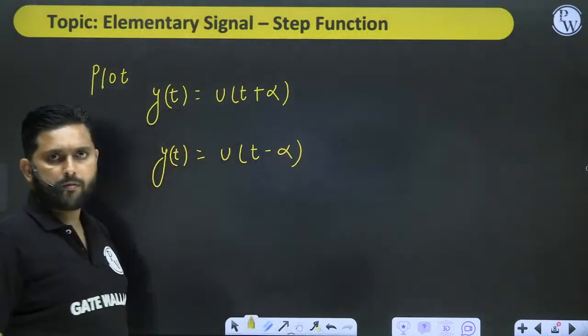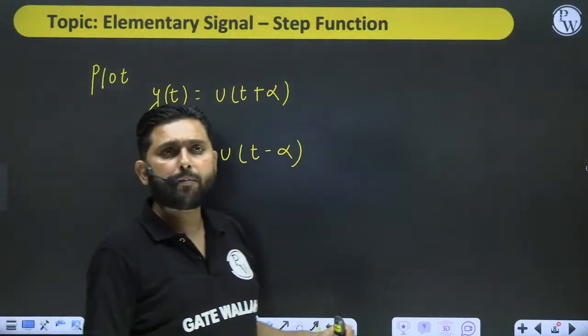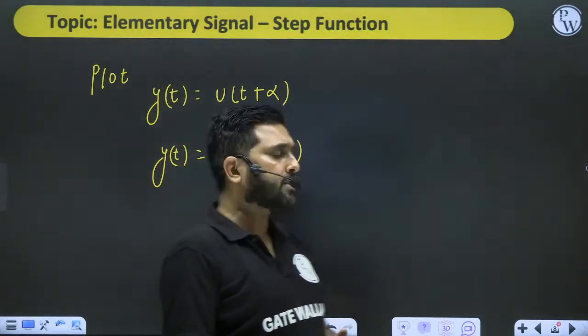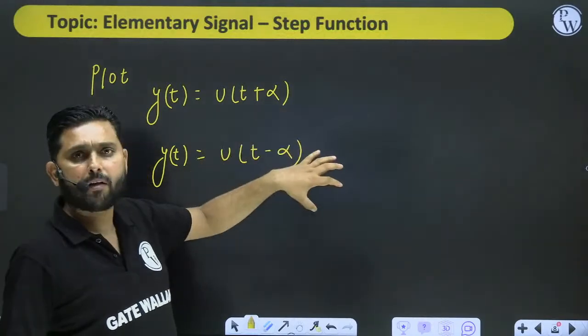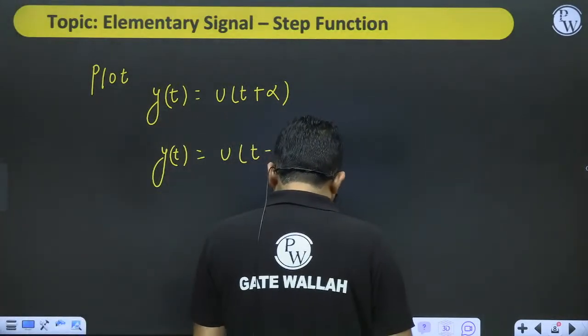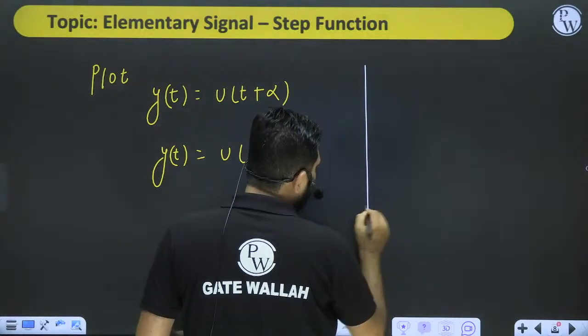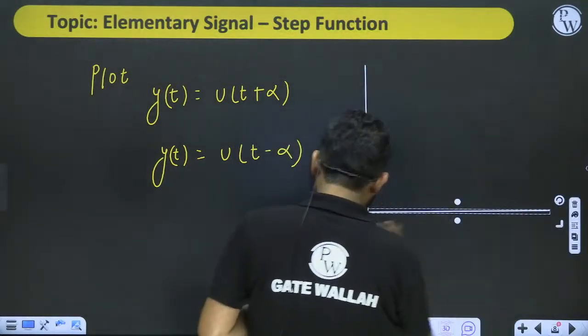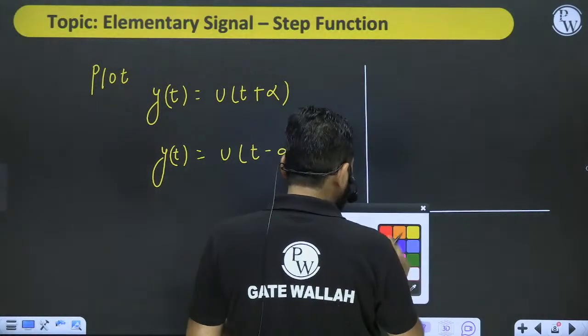Ut minus alpha. For example, I want to plot these two functions, and this is what ut plus alpha and ut minus alpha is. What is ut plus alpha? See here, ut plus alpha is this function.